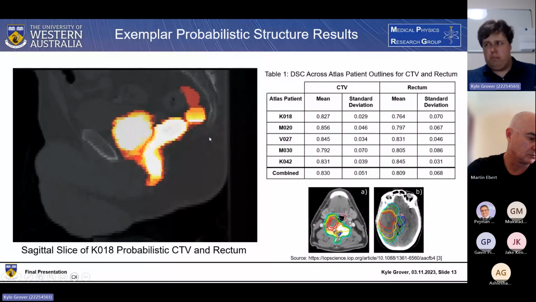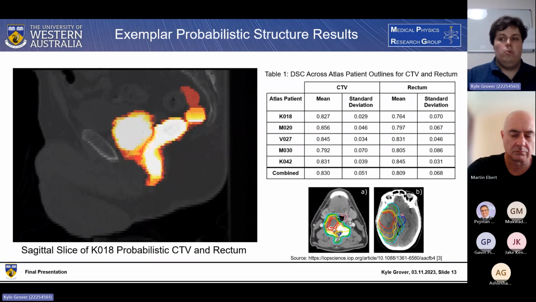Unfortunately, this is only taken from a single sagittal slice, so I couldn't really get an animation going to slide through and show exactly how that varies as we go through all of the slices. But even just considering this, we see there's a single observer who, particularly towards the superior region of the patient, has a very drastic comparison to the other ones.